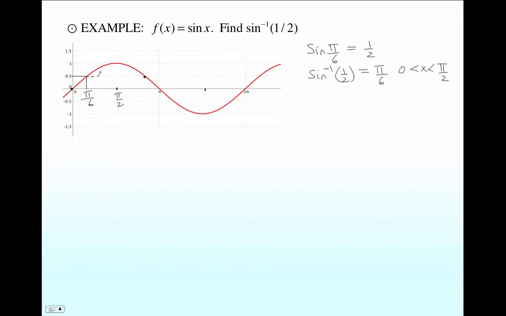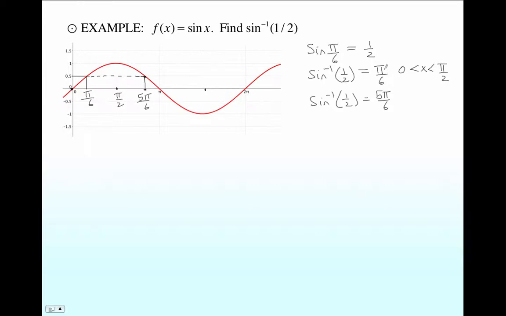So if you ask what is the value of x at which you get sine to be half, well, there's a second value. You could say sine inverse of half is now 5 pi by 6. This point over here being 5 pi by 6.